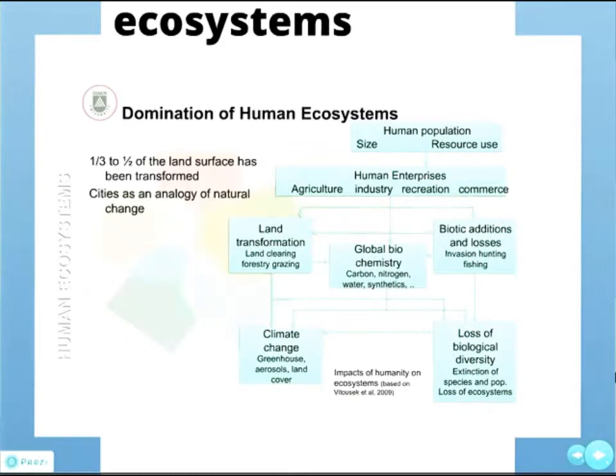Okay. So a third to half of the land surface has already been transformed, and a major part of that, and I keep saying this in every lecture just to remind you, is us, it's cities, it's the construction industry, building our houses and roads and transportation.